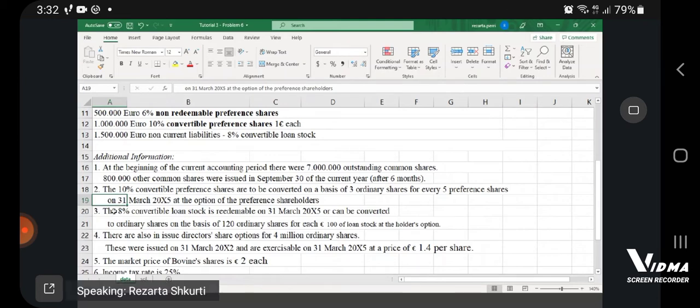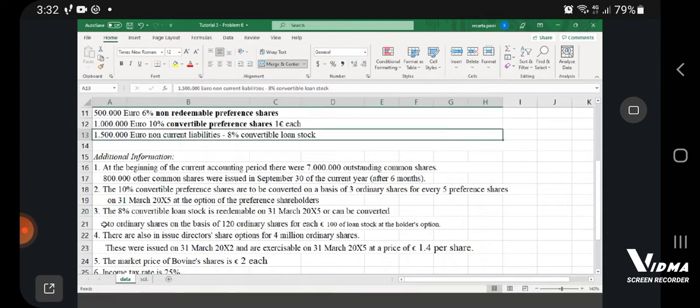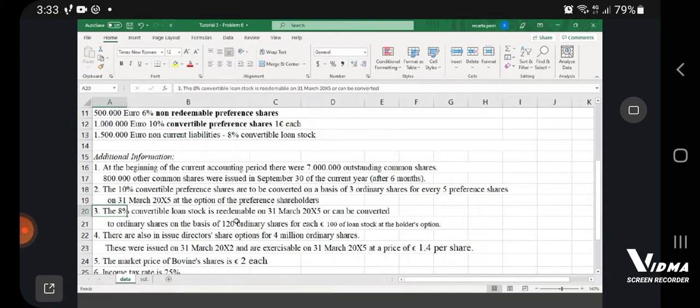Whereas the 8% convertible bonds, the last item, are redeemable or can be converted. You can see here, they can be converted to ordinary shares on the basis of 120 ordinary shares for each 100 euro loan stock at the holder's option. There are also in issue directors' share options.